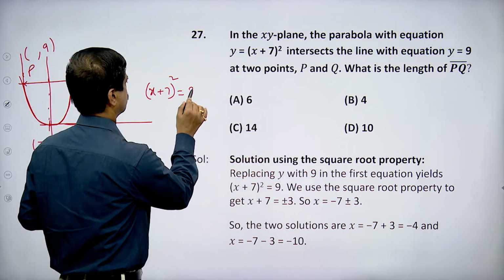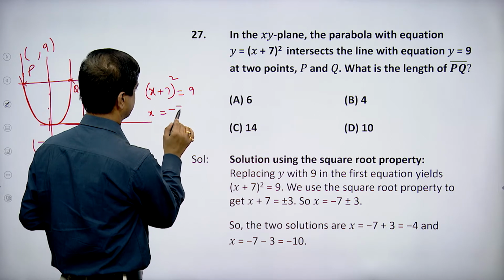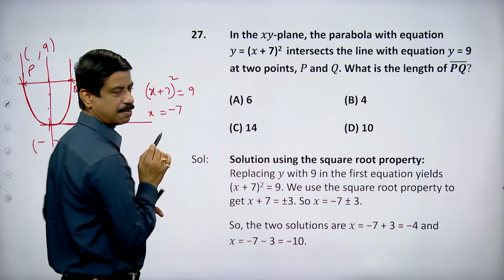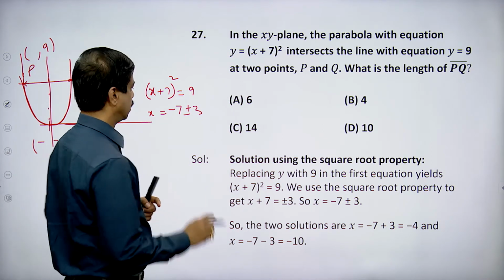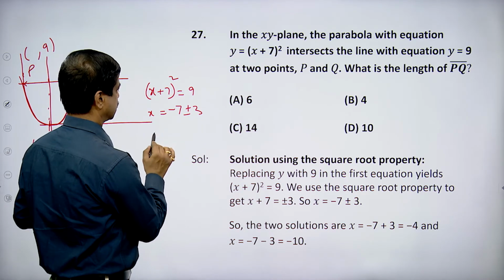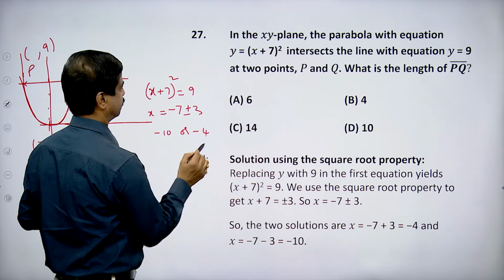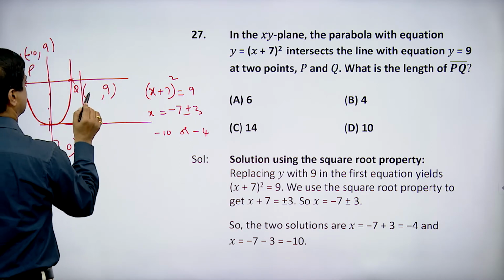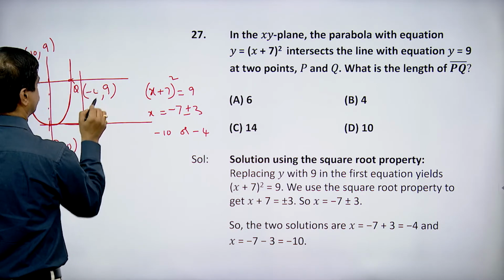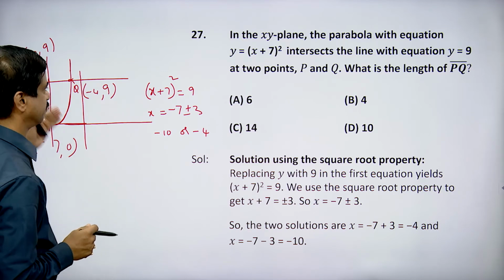So this is equal to 9, he gave. x plus 7 will go to the right, it becomes minus 7. Square when it goes across, it becomes plus or minus root 9, that is 3. So minus 7 minus 3 is minus 10, or minus 7 plus 3 is minus 4. So that means this is minus 10 comma 9 and this is minus 4 comma 9. Okay. So these are the values of P and Q.